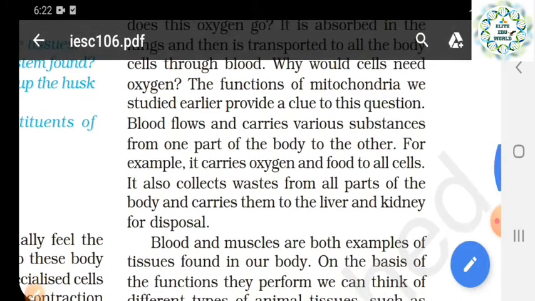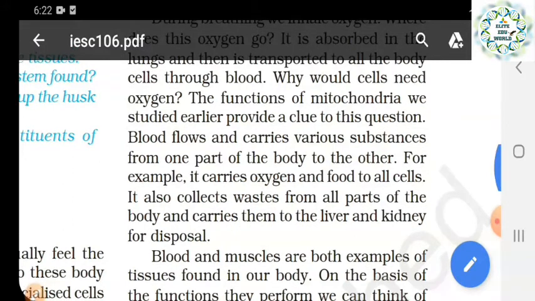So breaking down the food to release energy, that is intracellular or cellular respiration, needs oxygen. If we are aerobic organisms, which require oxygen to break down food, we need oxygen, and without the breathing process it is not possible.